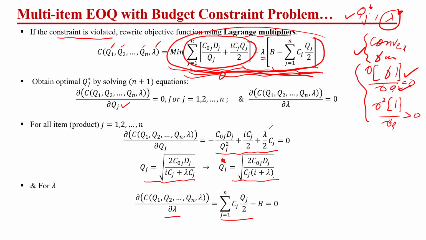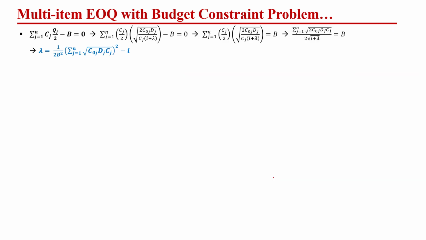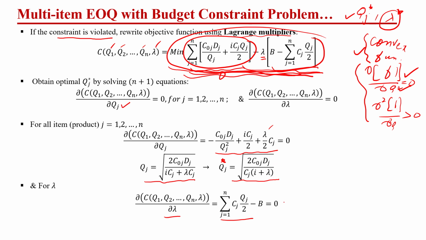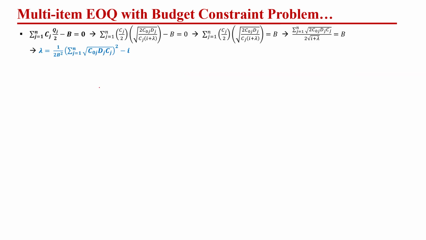Now, what we are going to do is, using this equation, we will find out the value of lambda. How can we do that? Simply, we are going to replace the answer of this q over here, and then we will simplify this one in order to get the value of lambda.